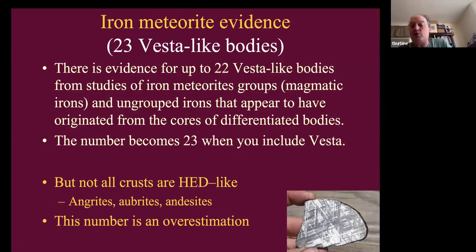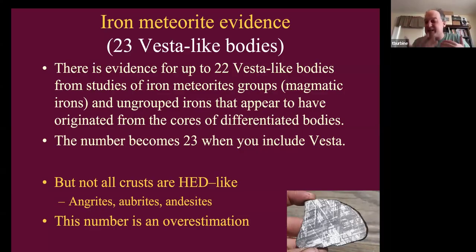We got up to maybe 22 looking at all the iron meteorites with all the groupings, and maybe if you include Vesta, it makes 23. The only way you can get the iron meteorites is to really disrupt the body. It would take all the material, and all the crust would come out, leaving the iron meteorites. All the other stuff was broken apart and probably broken down.